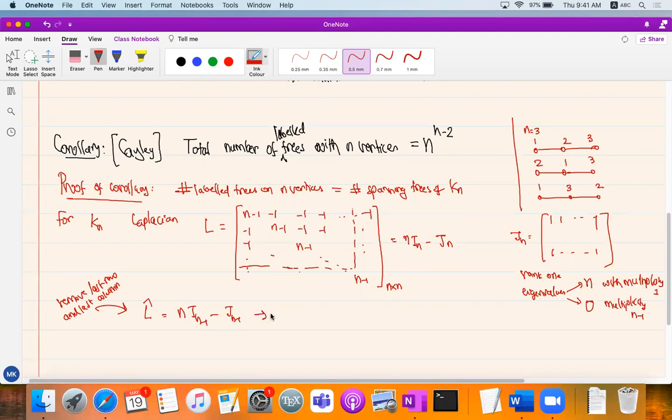Its eigenvalues are n minus the eigenvalues of this. One of them is n minus 1. The rest of them are 0. And how many are there? n minus 2 of them, and this is one of them. So this one is 1, and these are all n.